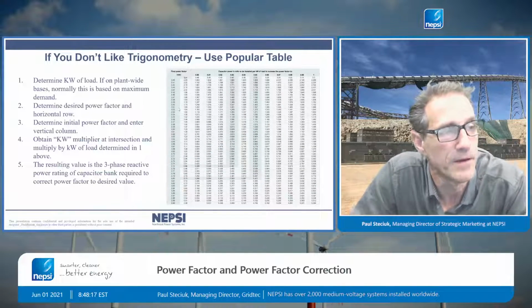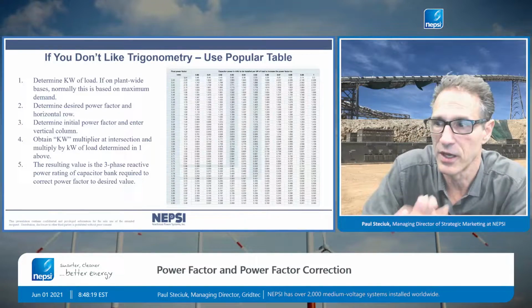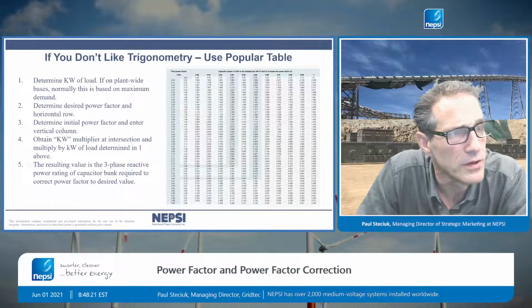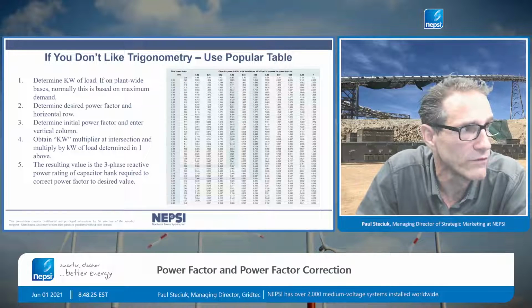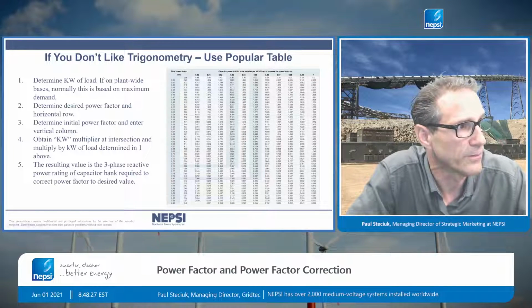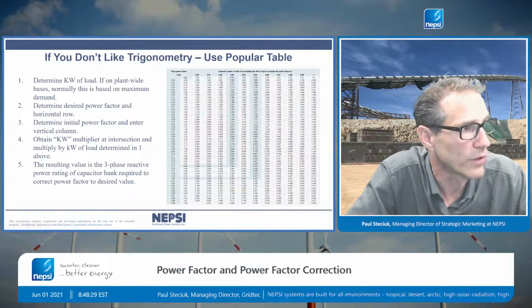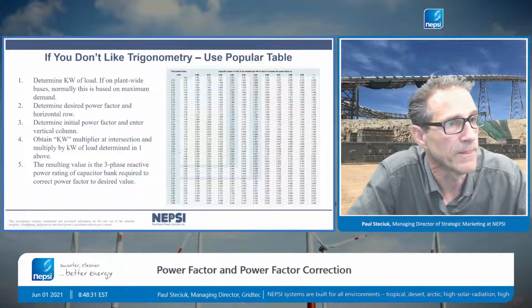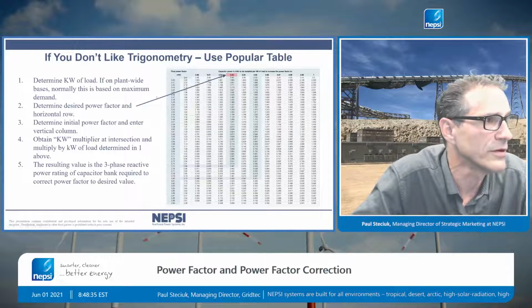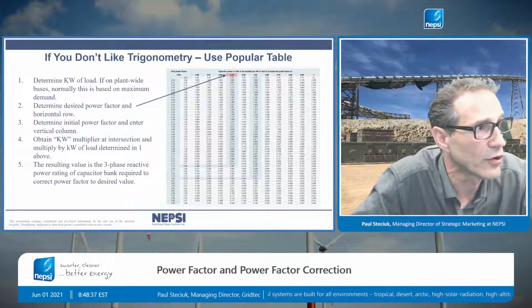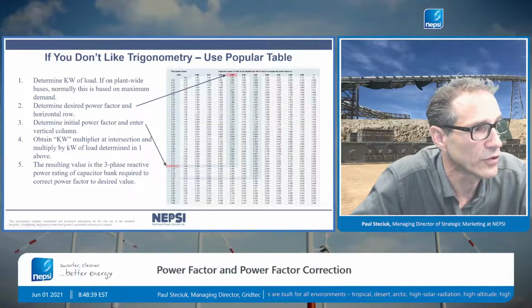Another way, if you don't want to put the trigonometry to memory, is to use a table. And this is a very popular way of doing it. You have a power factor multiplier table here, and basically you enter into the table with your current power factor and your desired power factor.